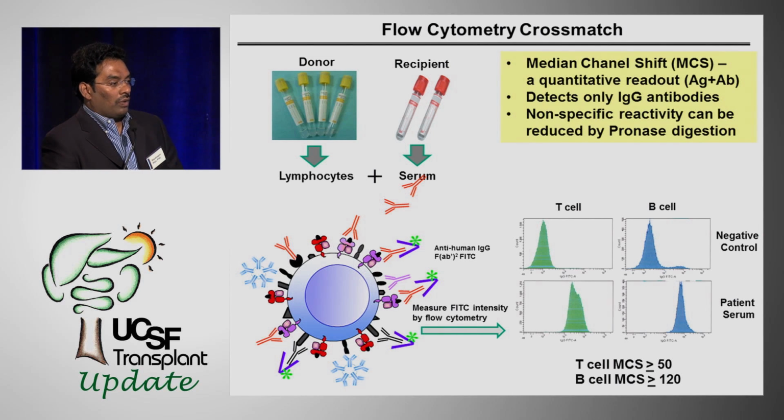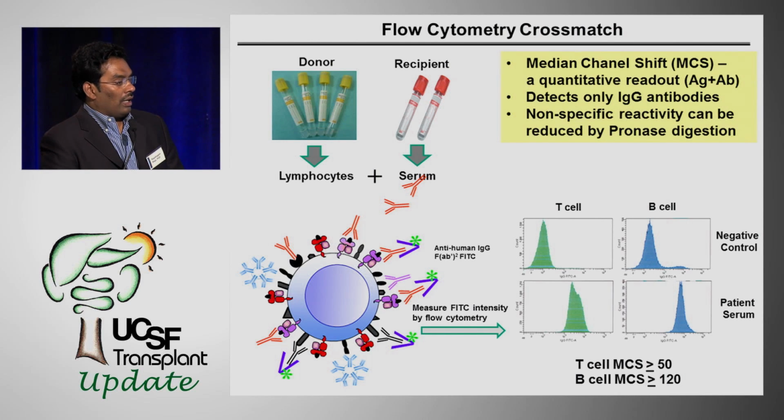It's not going to tell you just positive and negative, but you can also see in terms of a number how much positive. Because the secondary antibodies are very specific to IgG molecules, they don't recognize IgM molecules. And also by adding pronase, one can deplete all the background. So you get very specific cross-matches.